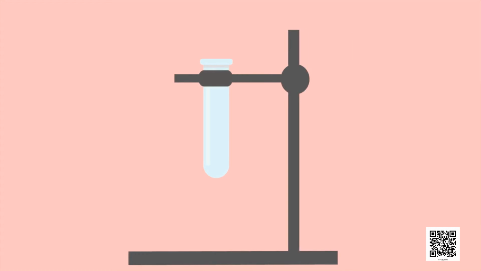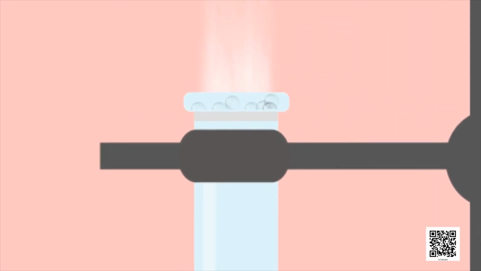Take a boiling tube, put 2 spoonfuls of a soil sample in it. Heat it on a flame and observe it. On heating, water in the soil evaporates, moves up and condenses on the cooler inner walls of the upper part of the boiling tube.